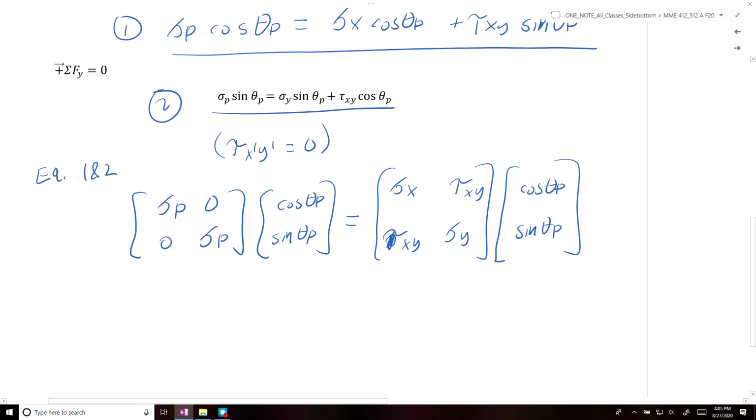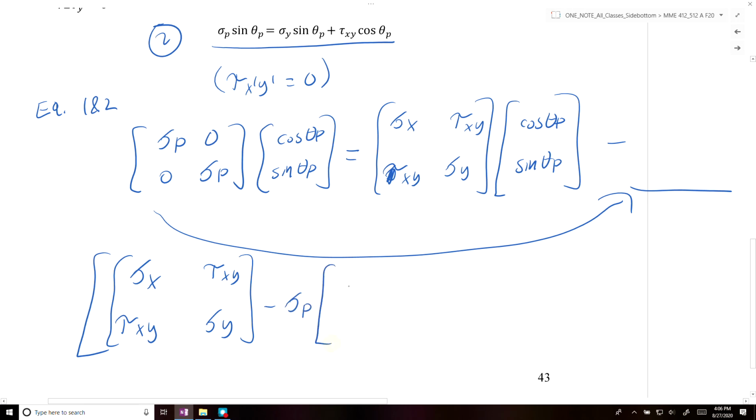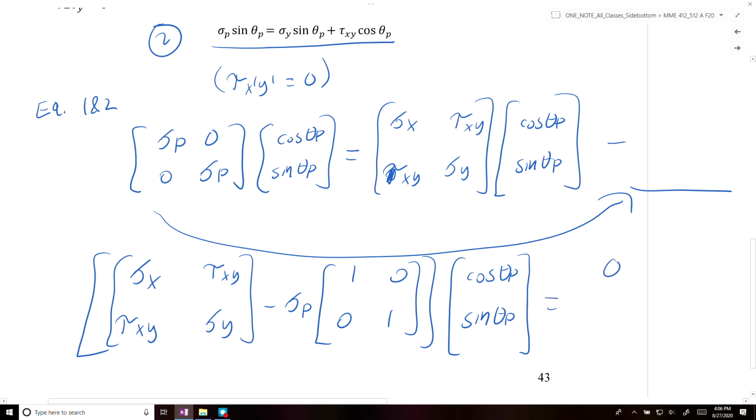If we subtract the left-hand side over and set it equal to 0, we get sigma x, tau xy, and sigma y, so our stress matrix, minus sigma p times our identity matrix, times cosine theta p and sine theta p, equal to 0.